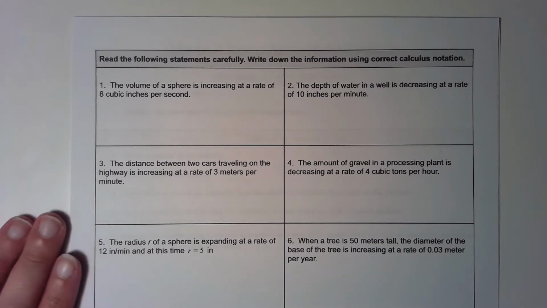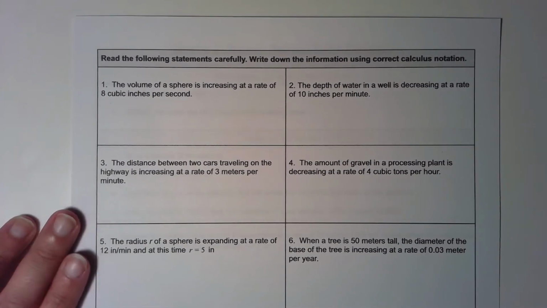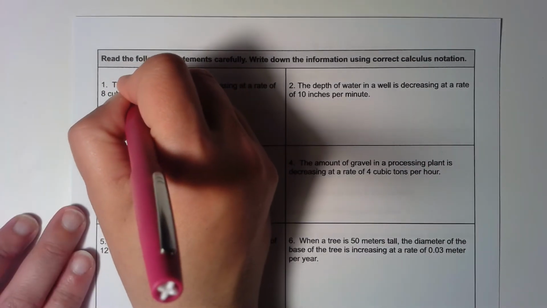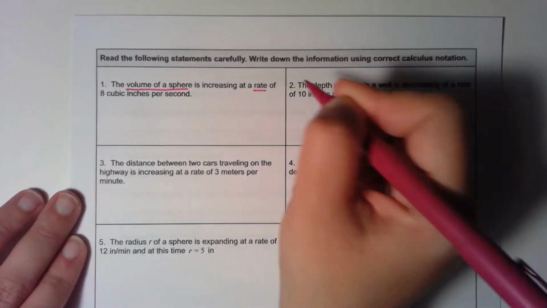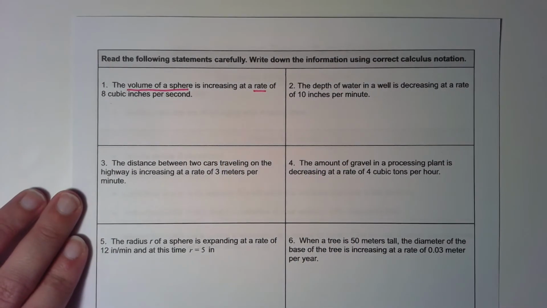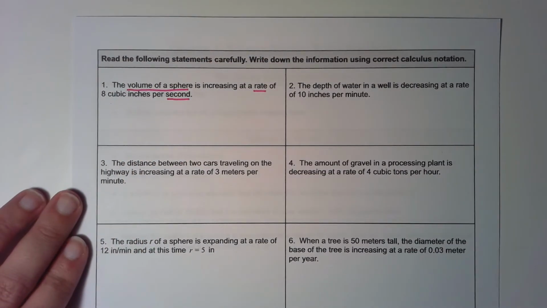So the first thing says the volume of a sphere is increasing at a rate of 8 cubic inches per second. So we're talking about the derivative or the rate of change of the volume with respect to time because it says per second.